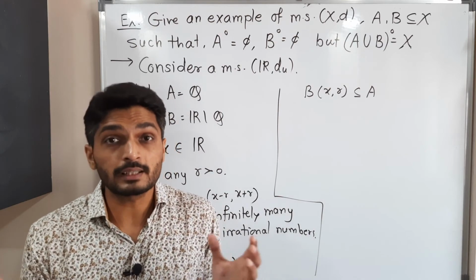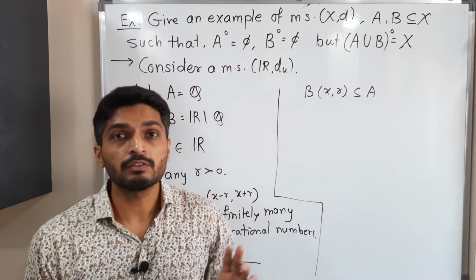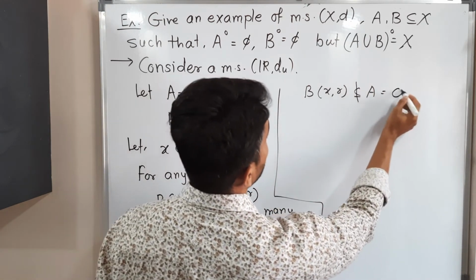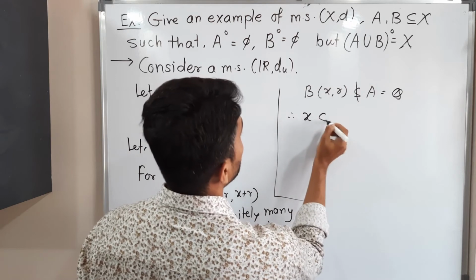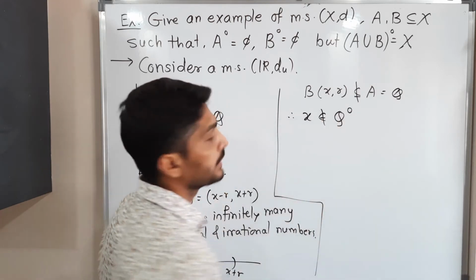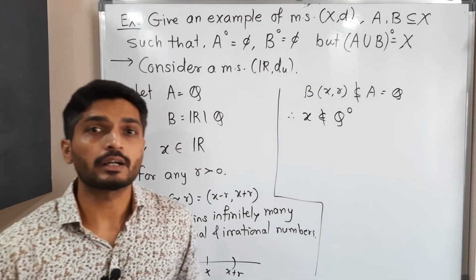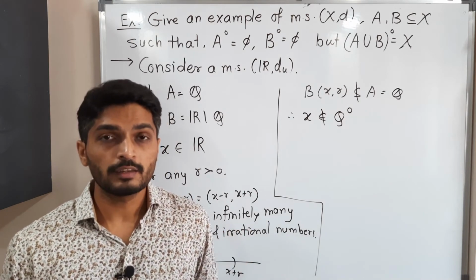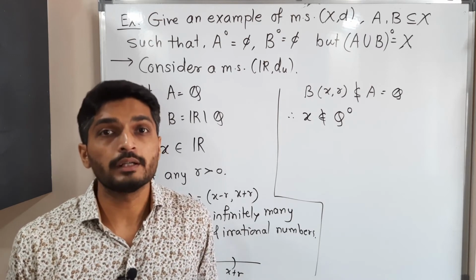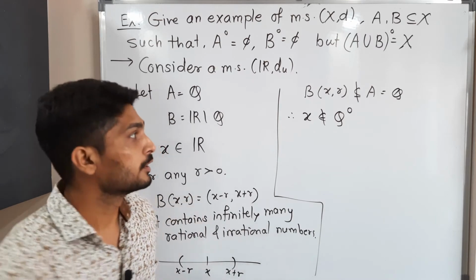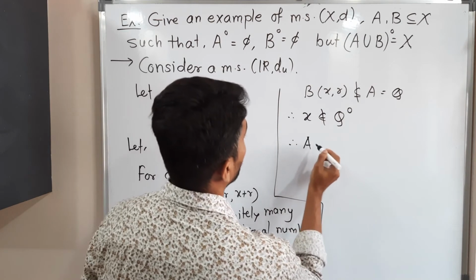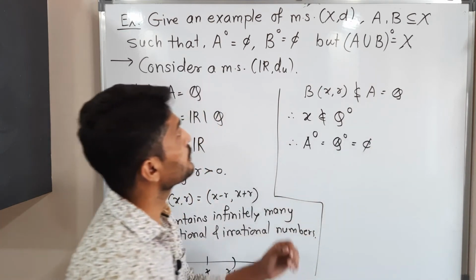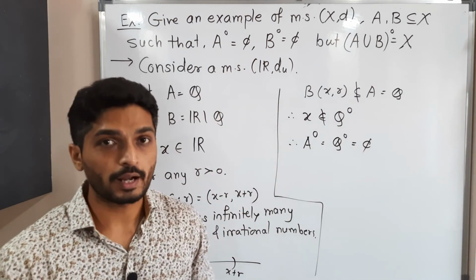So it cannot be totally contained in A, that means the set of rational numbers, and A is equal to Q. So therefore x does not belong to the interior of Q. That means if you select any point, 100% it is not an interior point of Q. If Q has no interior point, then the set of interior points is phi. So therefore A interior, that means Q interior, is equal to phi. So in this way we proved A interior is equal to phi.